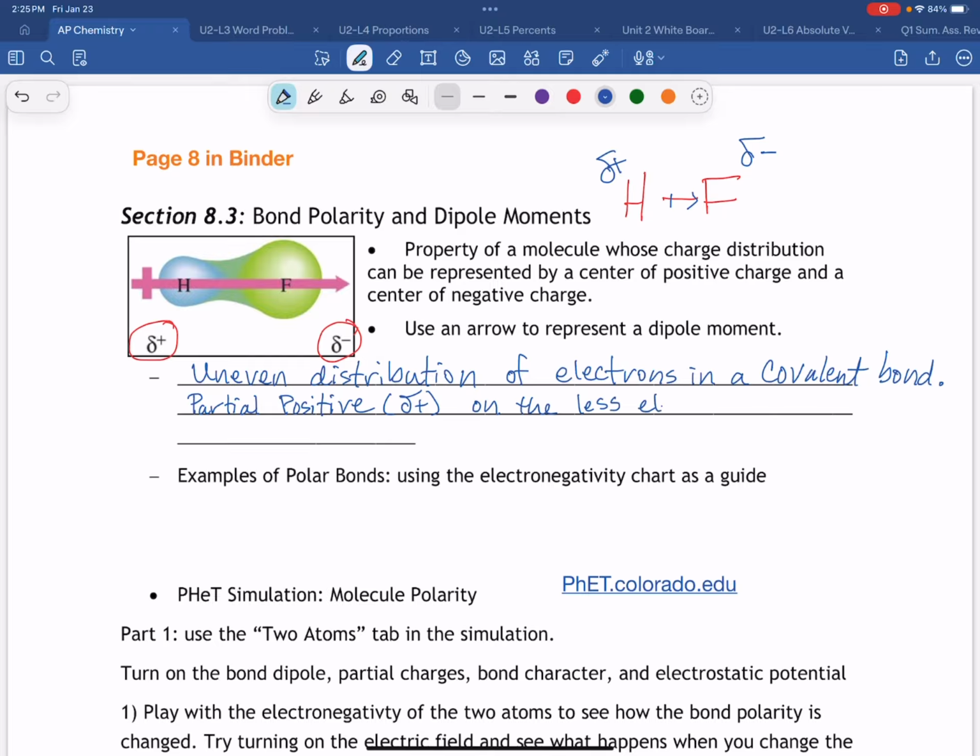This is where the periodic trend of electronegativity comes in. And we get a partial negative, and we symbolize that with a delta minus on the more electronegative element.